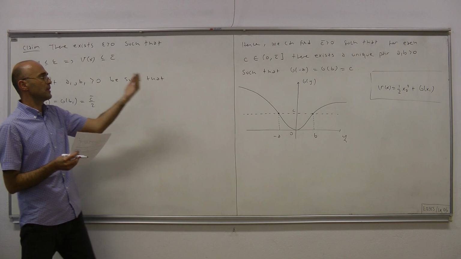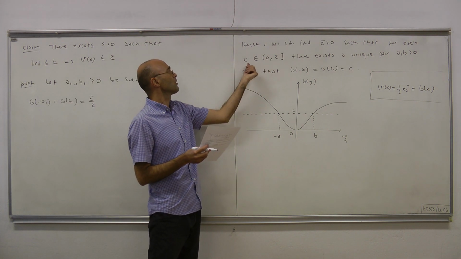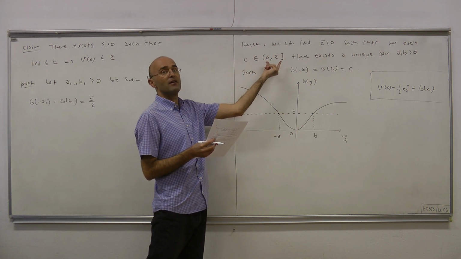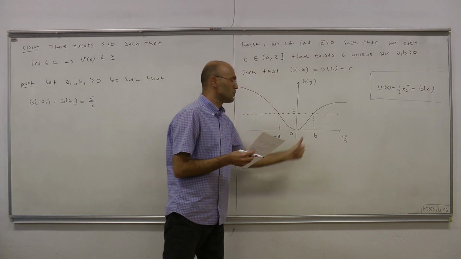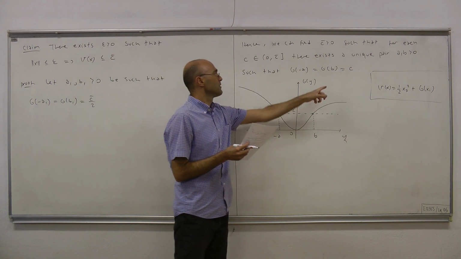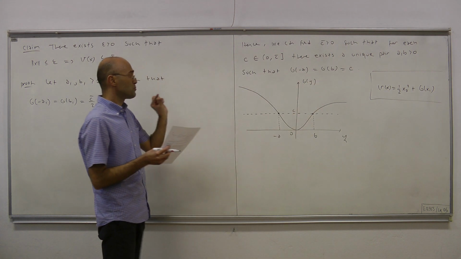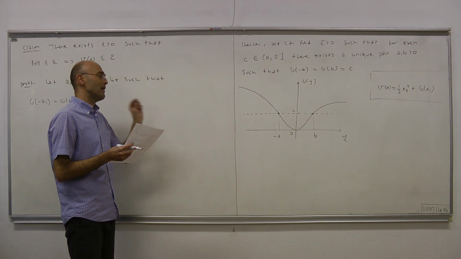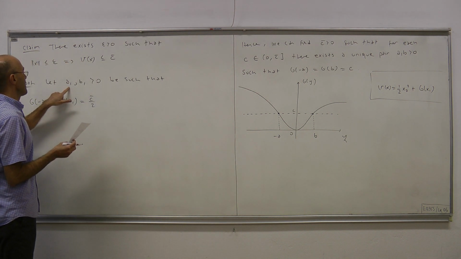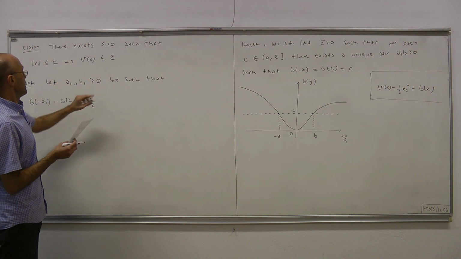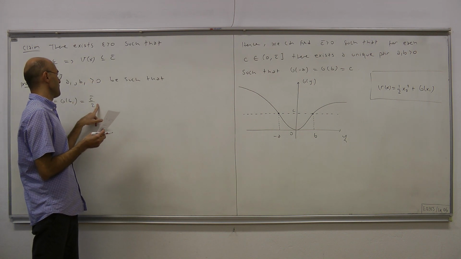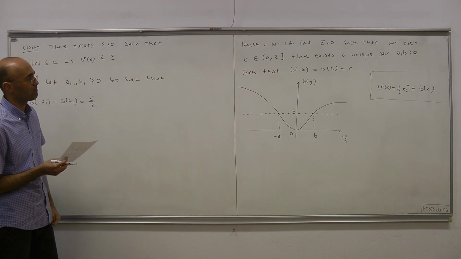C bar 1 over 2 is clearly less than c bar, therefore it is in that interval, and if it's in that interval, you can always find two numbers, a and b, and this is satisfied. Those particular a and b that we're using, we're calling them a1 and b1, for c bar over 2.